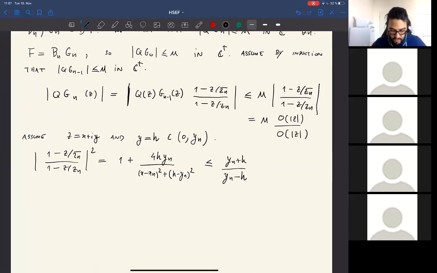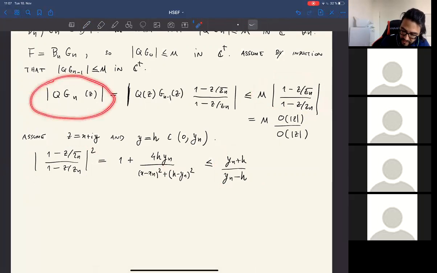Great. So I know that this term is now bounded in this line. So this function here will be less or equal than m times this guy, and this guy is less or equal than this. So I conclude that this function here is bounded by some constant in the line y equals h. And that constant would be this m times the square root of this.